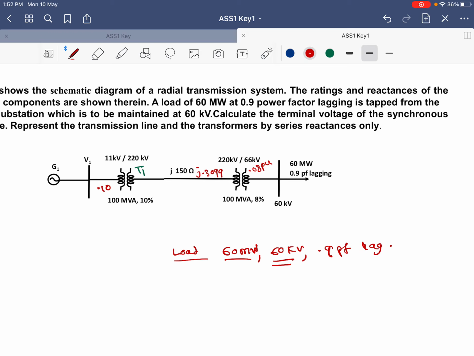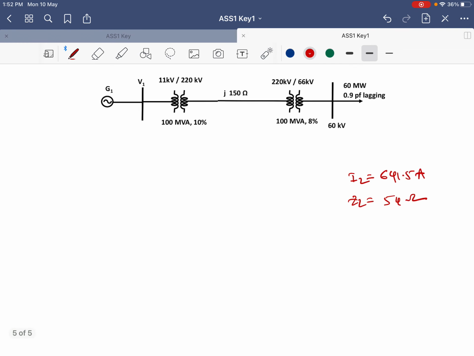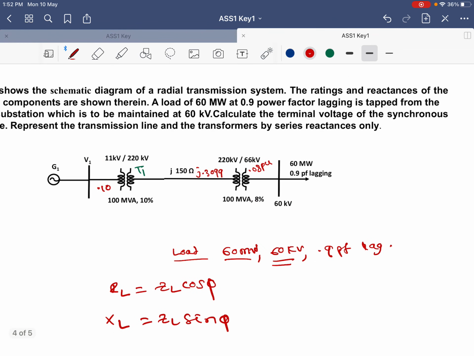Now we know a simple formula I told you. How to find RL? RL is ZL cos phi. And what is XL, the load reactance? It is ZL sin phi. ZL was already calculated as 54 ohm, the load impedance.